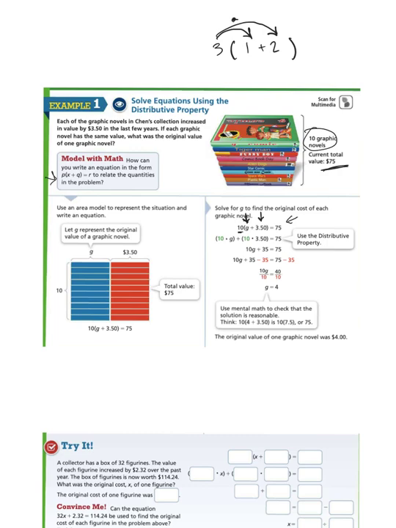Okay? Now, notice your 10 is outside of the parentheses. So what do you have to do? That's right. You have to multiply that 10 by each item inside the parentheses, which they show you below. 10 times G, 10 times 3.50. Now, you simplify this because you have 10G plus 35 equals 75.